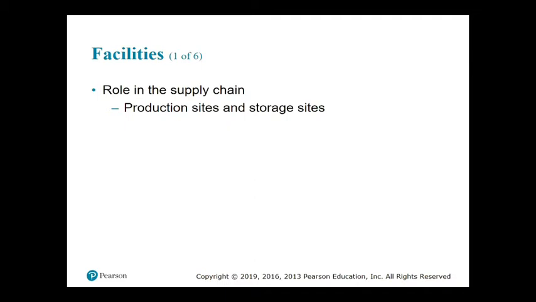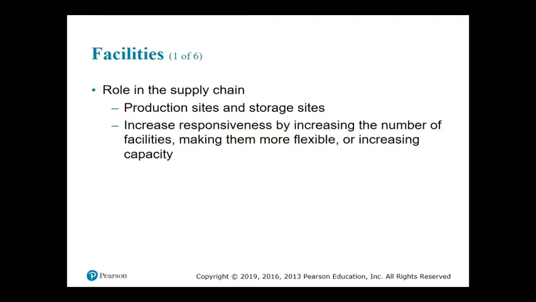And you can view retail stores also as a form of storage site. By changing facility design, we can increase responsiveness, usually by increasing the number of facilities, making them more flexible, or increasing their capacity.